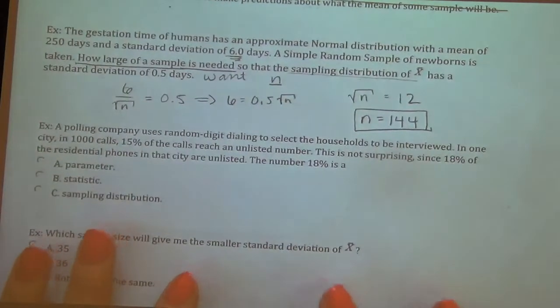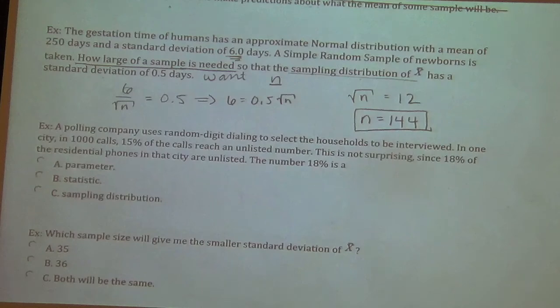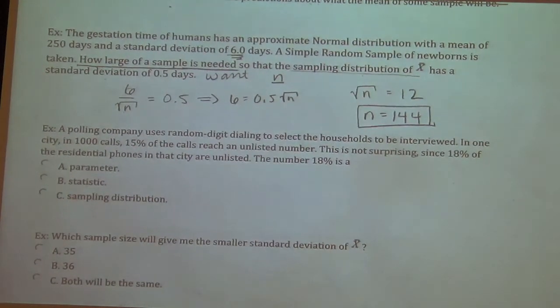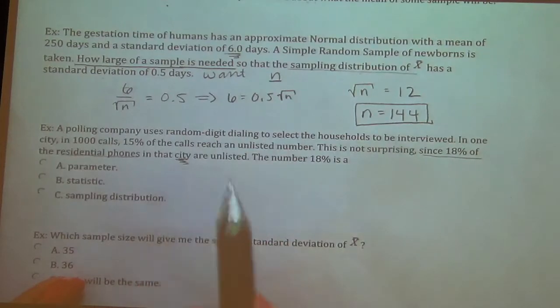It says a polling company uses random digit dialing to select the households to be interviewed. In one city, in 1,000 calls, 15% of the calls reach an unlisted number. This is not surprising since 18% of the residential phones in the city are unlisted.